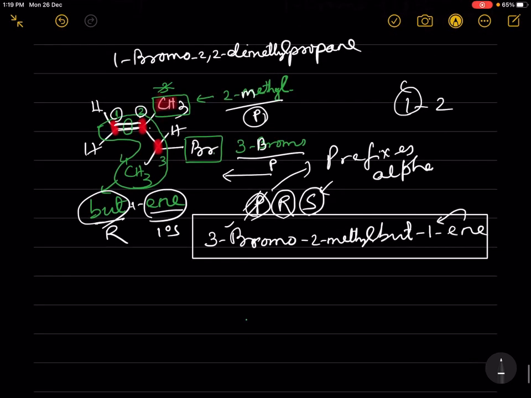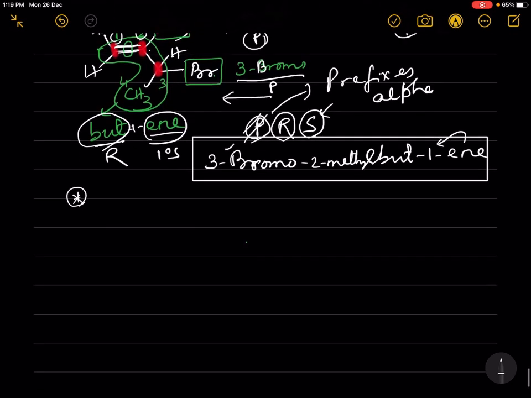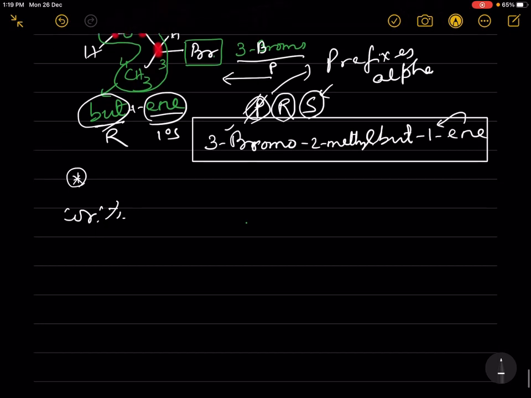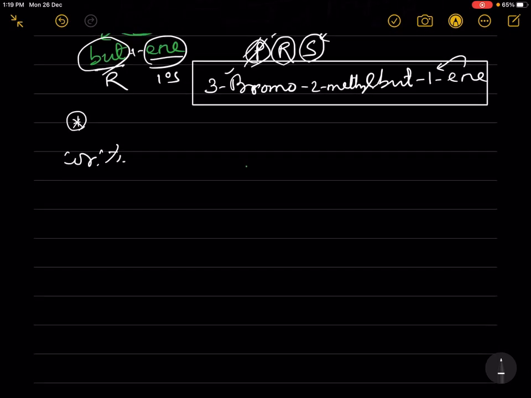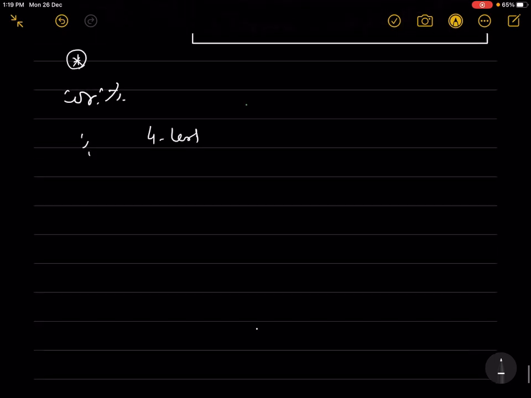Similarly, you can solve, then write the structure of a given compound. 4-tert-butyl-3-iodoheptane.